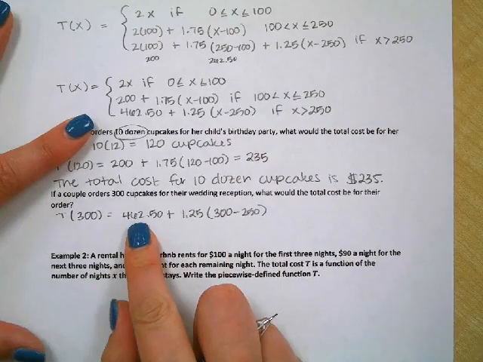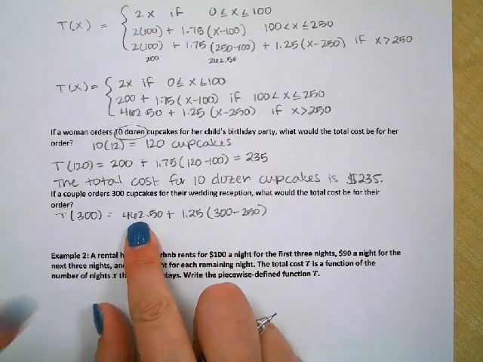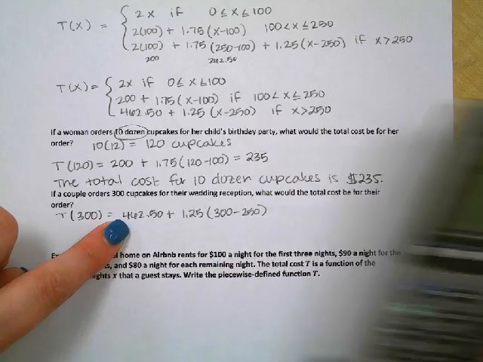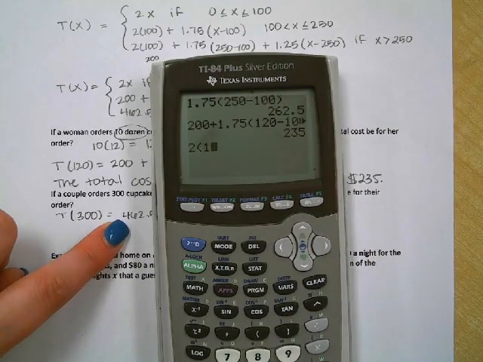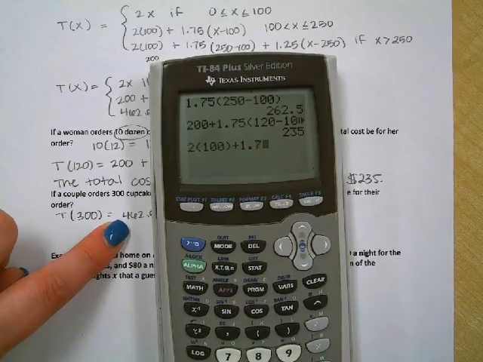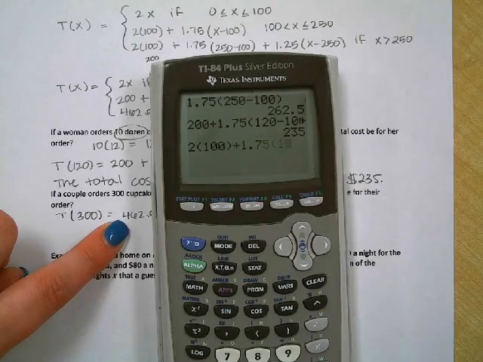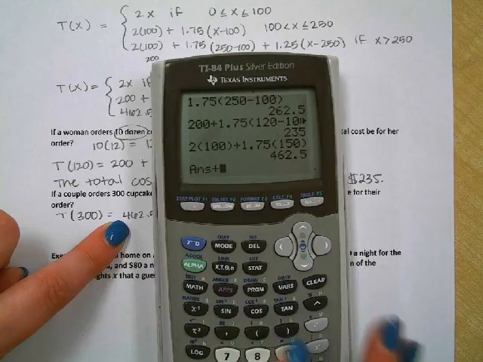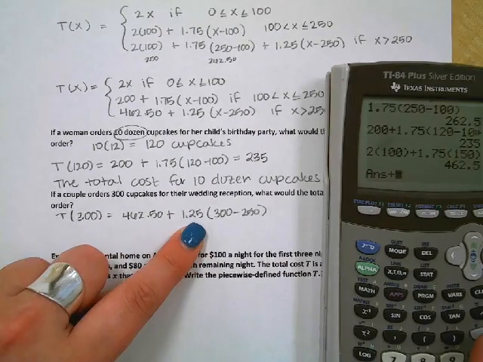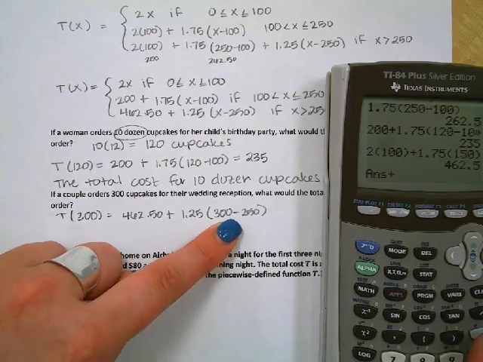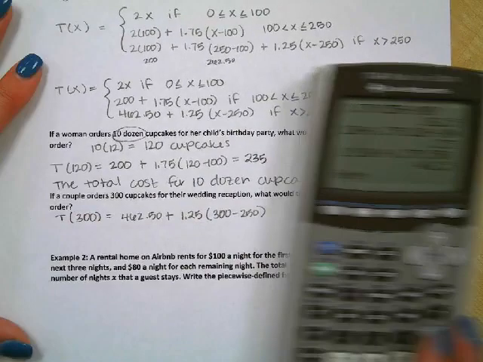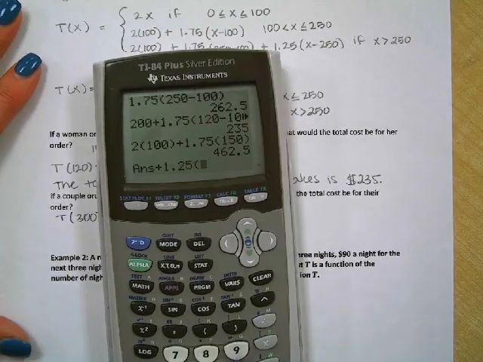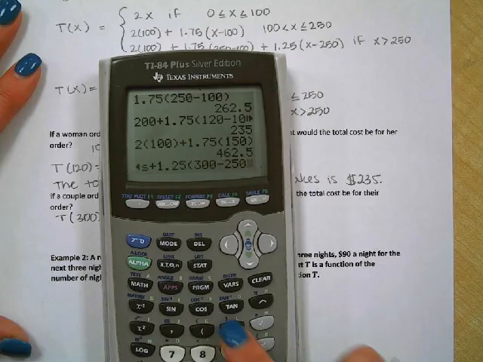So remember, this number says I had $2 per cupcake for the first 100, plus $1.75 per cupcake for the next 150 cupcakes. That's what that came from. And then we're adding to that $1.25 for the next 50 cupcakes. So anything over 250, plus $1.25 for the next 50 cupcakes.